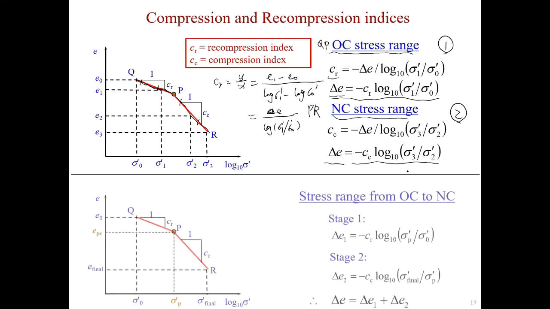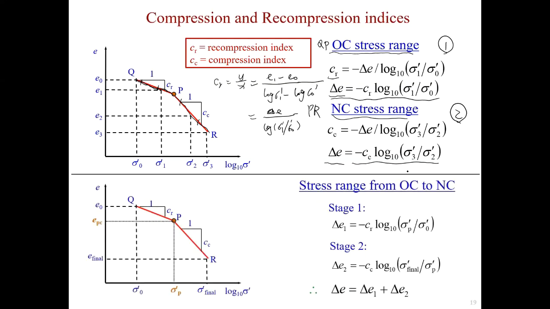The third scenario is where the initial effective stress is within the OC range, and when you apply more load, the final vertical effective stress goes to the NC range. That's the stress range from OC to NC. We call it the third scenario.